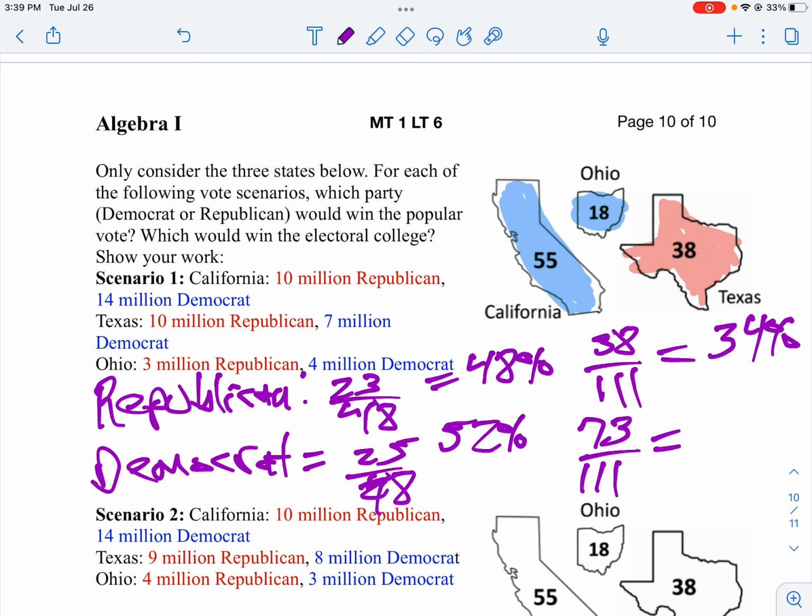If we take 73 divided by 111, well, actually, you should be able to figure that out. Just take 100 minus 34. And that would be 66%. So they are overrepresented in the Electoral College.